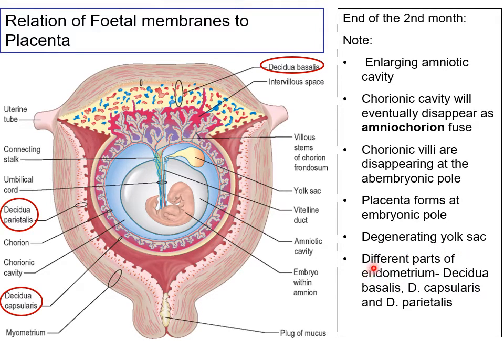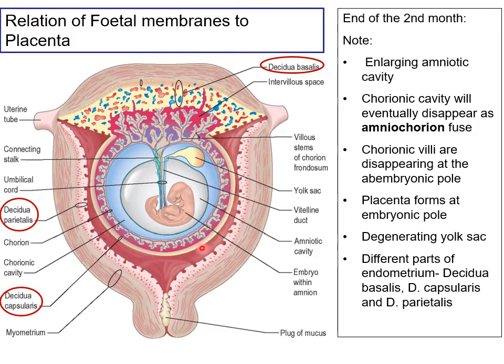And note now the different parts of endometrium. So what do we mean by these terms? So decidua basalis, you already know, is the maternal side of the placenta. It's the endometrium that is known as decidua basalis, where all the lacunae, glands, etc. are maximally distended. Decidual reaction is occurring. Now remember, this entire embryo with its cavities, etc., had got implanted within the endometrium, right?